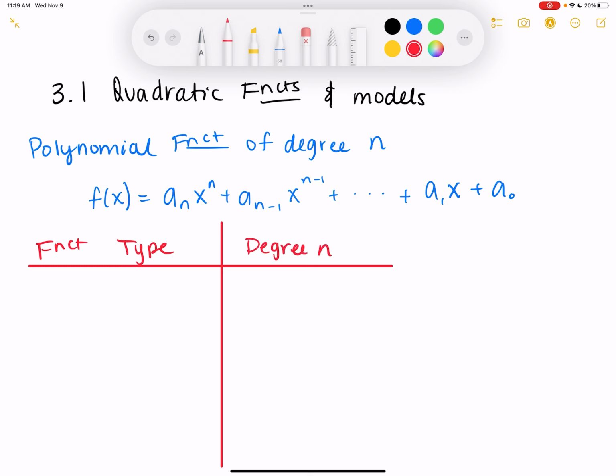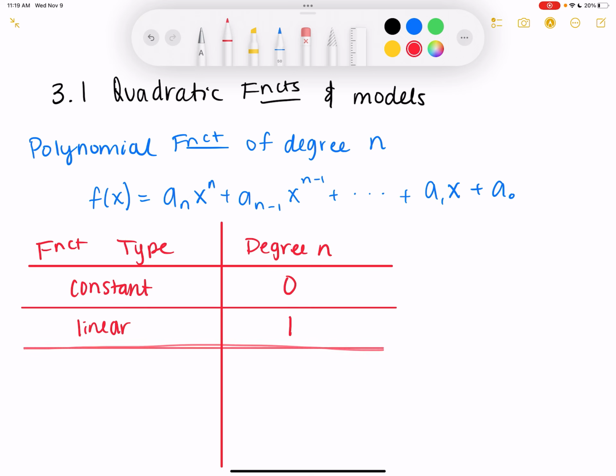A constant function has degree 0. It's just a number. Linear is degree 1. So that's like the graph of a line, y equals mx plus b.